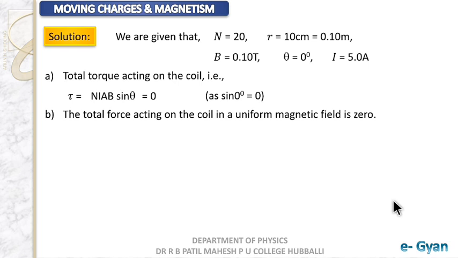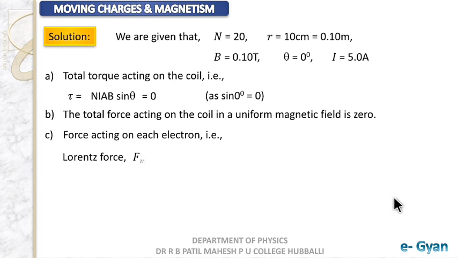Moving ahead with the next solution, we have the force acting on an electron as given by the Lorentz force. F_m = e v_d B. This equation is F = qvB. We are going to write v_d in terms of current by using this formula.